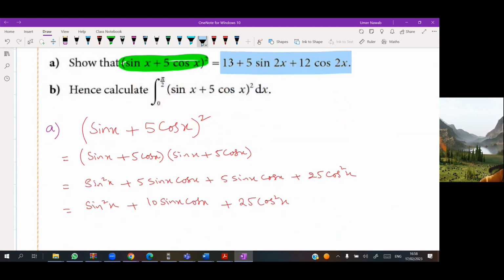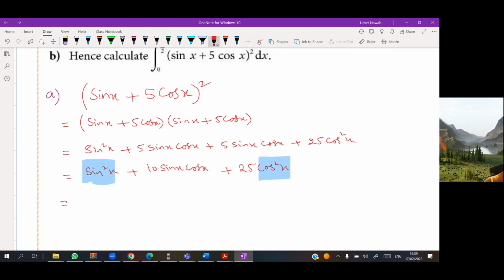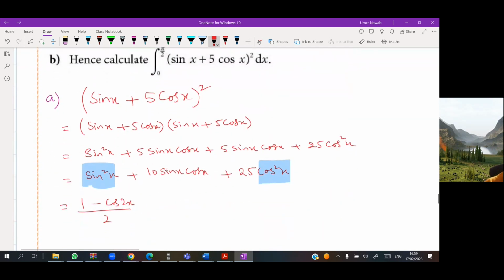So it means this result and this result have to be replaced using the half angle identities. So sine square was equal to 1 minus cosine of 2x divided by 2, right? And this can be written as 5 times 2 sine of x cosine of x, and 25 cosine square x can be written as 1 plus cosine of 2x divided by 2.